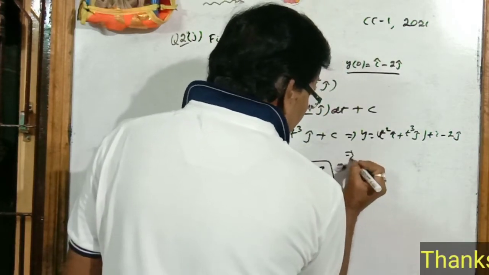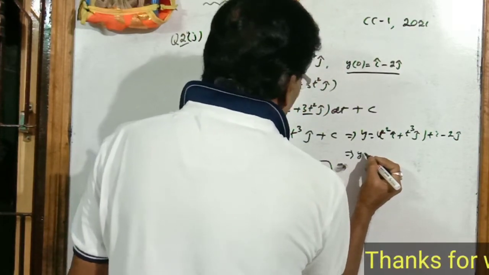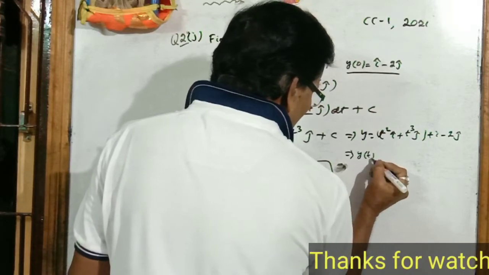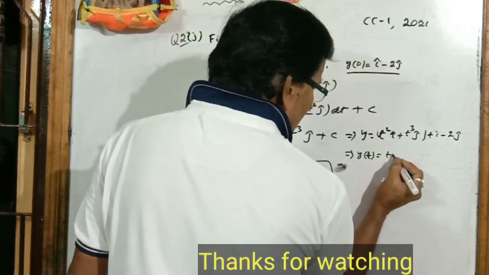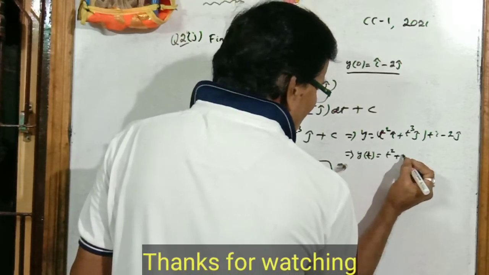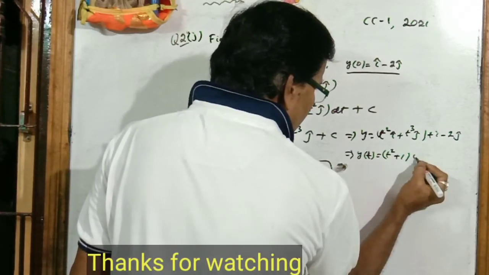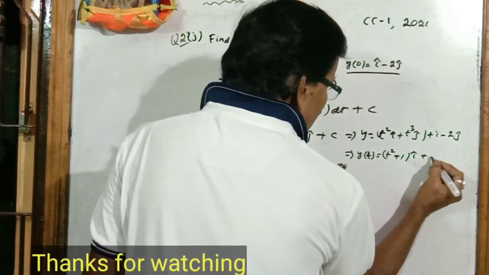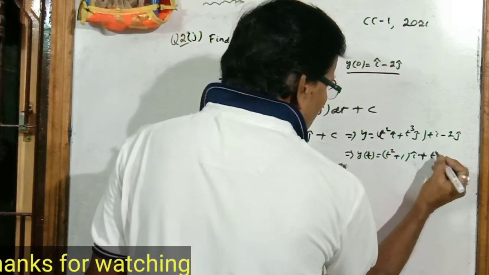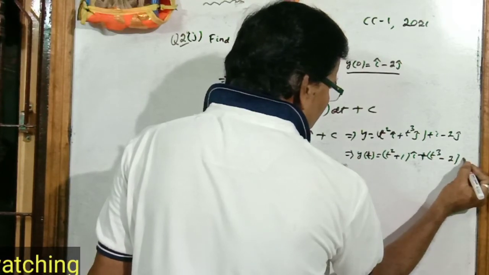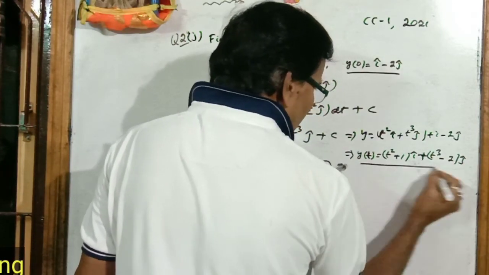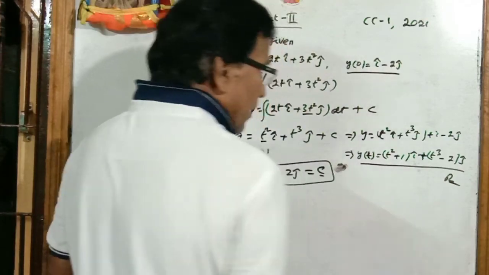So that implies that y of t is equal to t square plus 1 whole into i cap plus t cube minus 2 whole into j cap. So this is the value of y of t. This is your answer. Thank you.